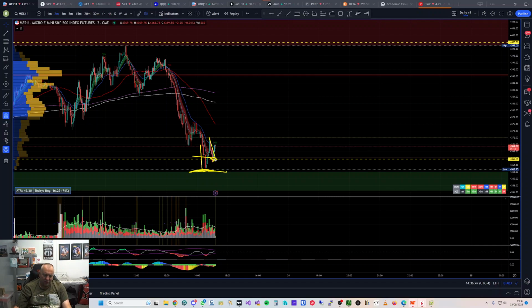I probably would have taken another starter entry on this level as well, and it's a higher high and a higher low, and potentially, if we can break this pivot at 43.72, we may be looking at a change of trend, possibly.